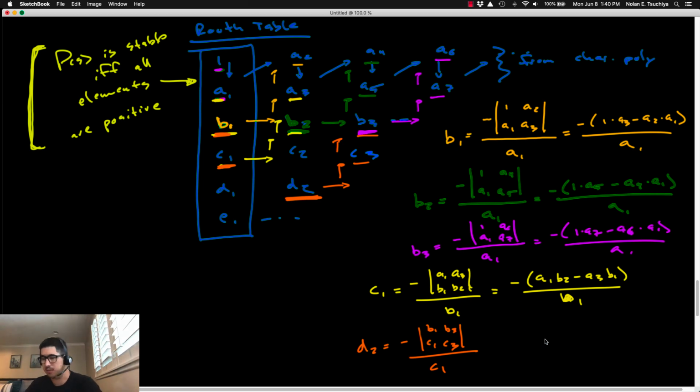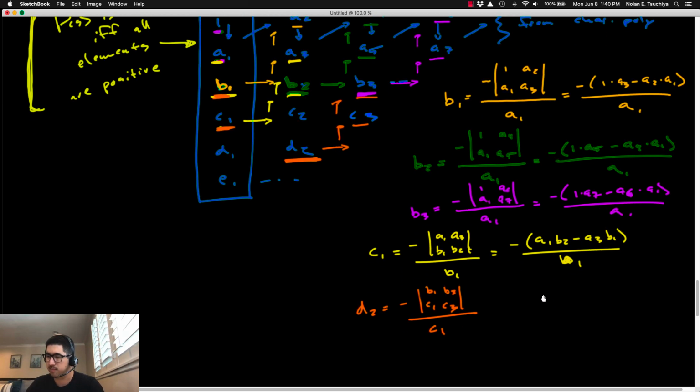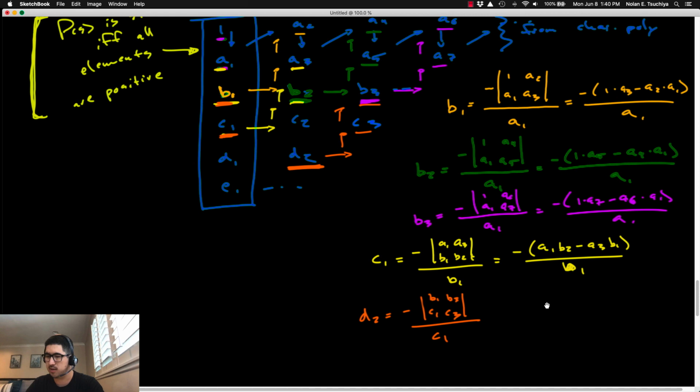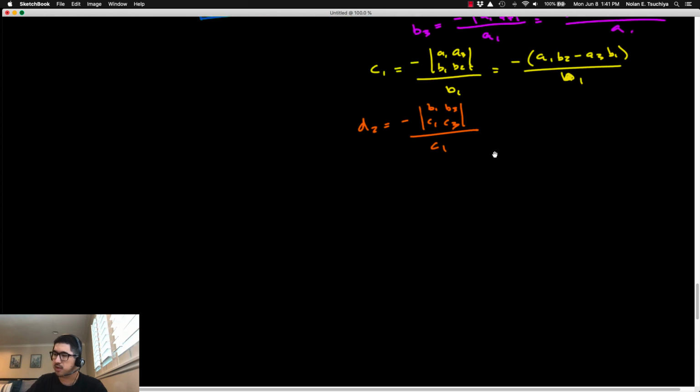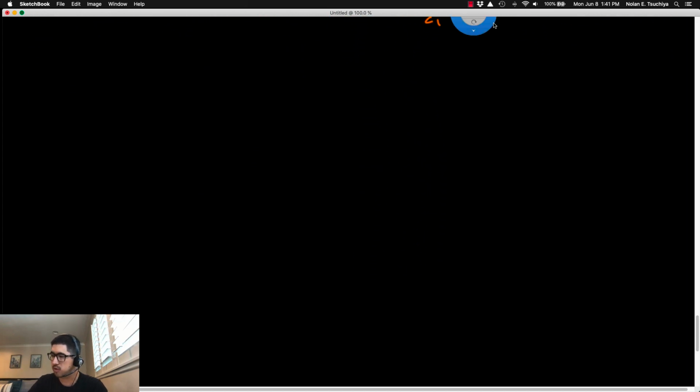Let's do a couple of examples to try and get this concept down. Okay, so we'll do an example here just to make sure we understand how this table works. Let's determine if the following transfer function is stable or not.